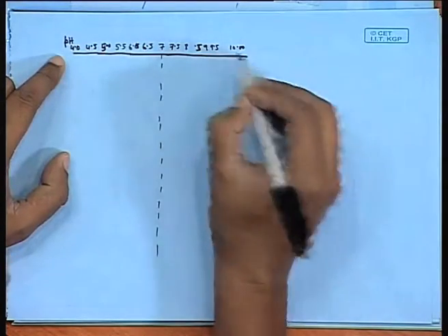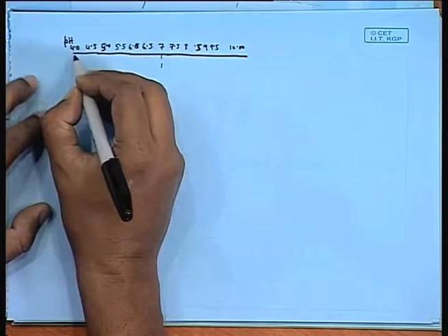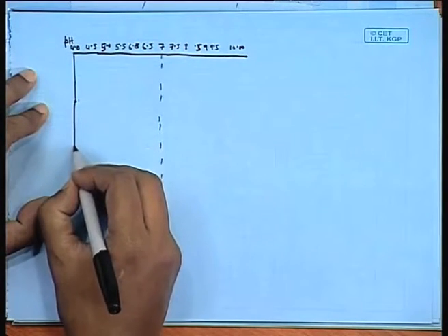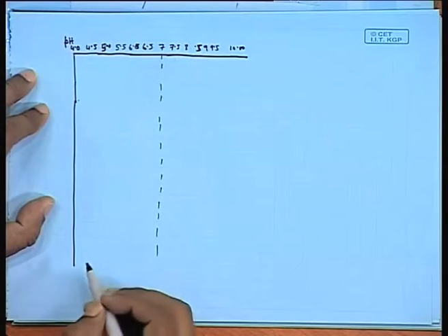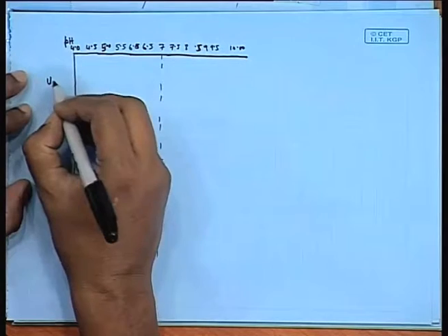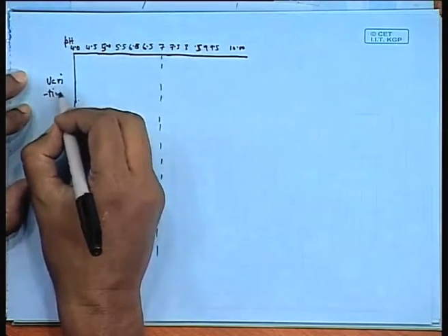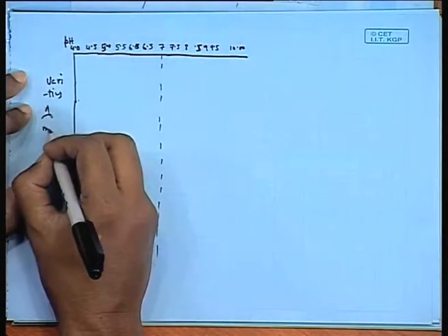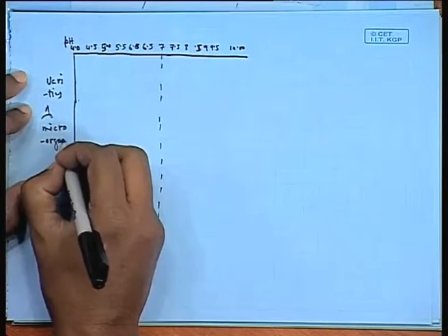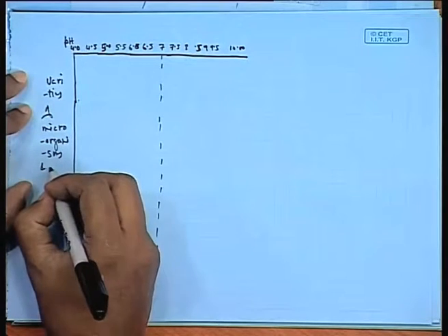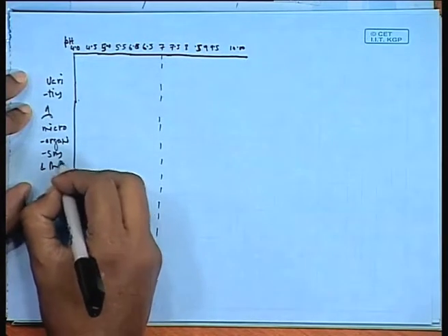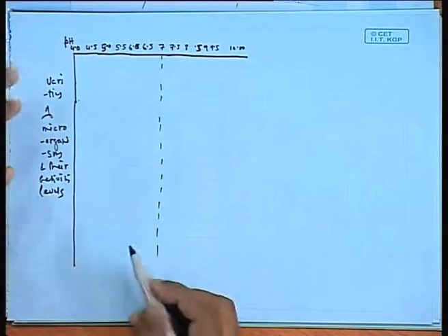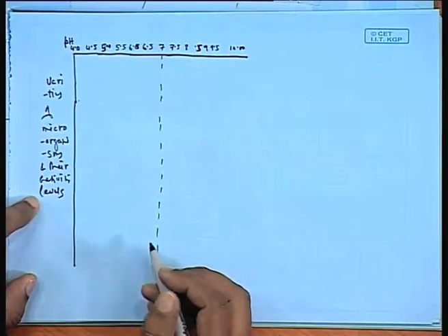Now having seen this, if you just try to see how all these organisms essentially stay in this, here it is the varieties of microorganisms and their activity levels.